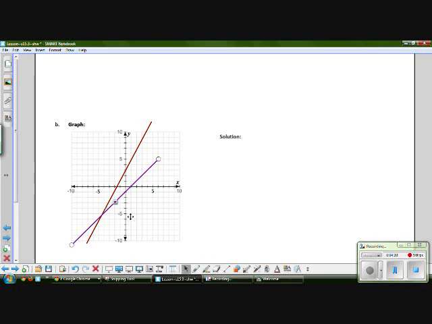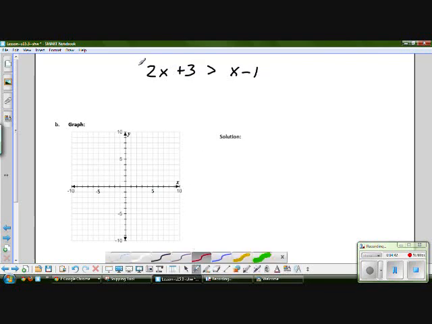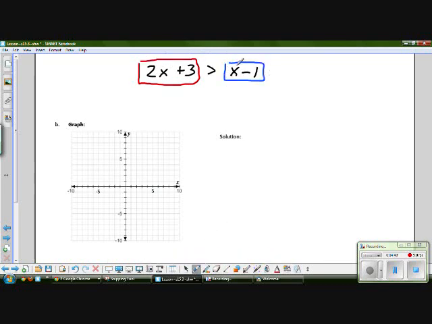So we're still trying to solve 2x plus 3 larger than x minus 1. And the rules here really haven't changed. We still want the 2x plus 3, which will still be the red side, to be bigger than the x minus 1, which is the blue side. So this is going to be the smaller, and this is going to be the bigger.